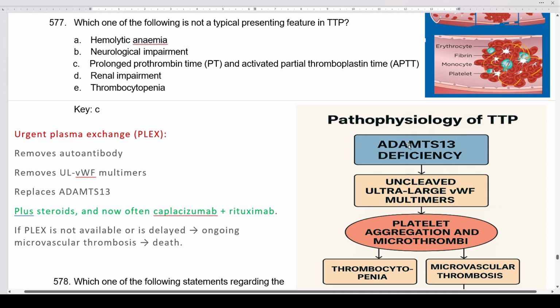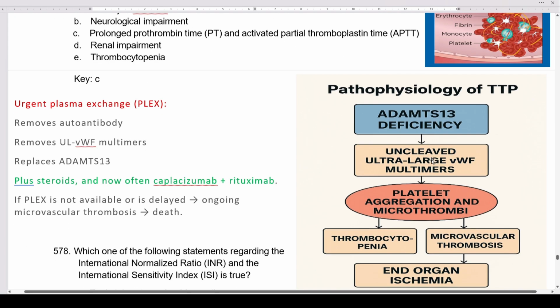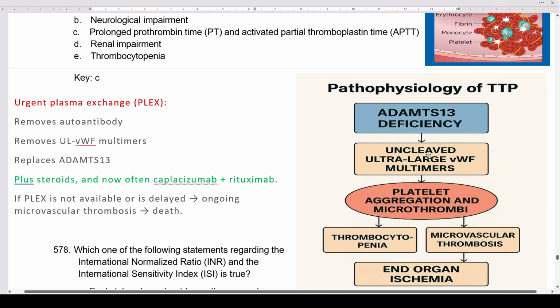Okay, whatever the reason, when there is deficiency of ADAMTS13, what will happen is there will be uncleaved ultra-large von Willebrand factor multimers. Okay, ultra-large factors which are released from the Weibel-Palade bodies of the endothelial cells, and they are also released from the alpha granules of the platelets. They are very large, and just remember they are just like super glue.